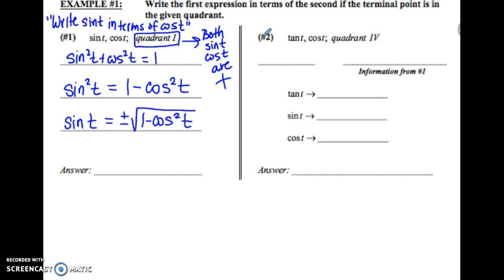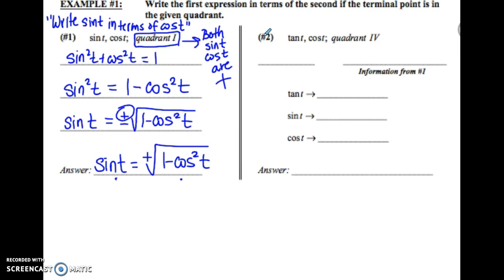That tells us that the value of sine has to be positive. So we're going to choose for our answer, sine t is equal to the positive square root of 1 minus cosine squared t. We just wrote sine in terms of cosine and for quadrant 1.